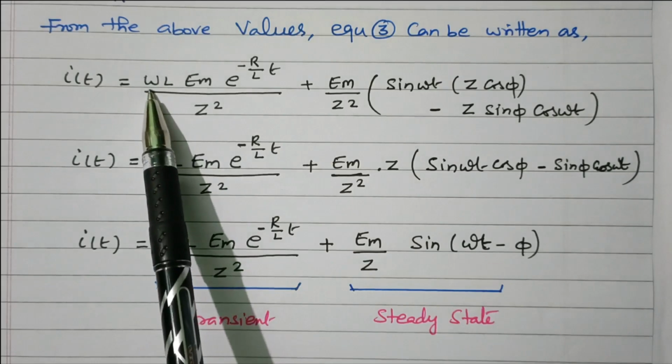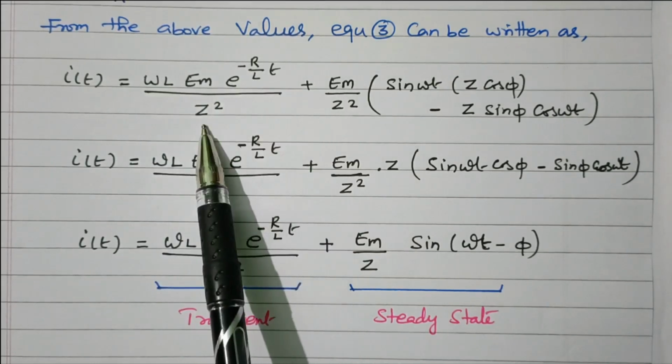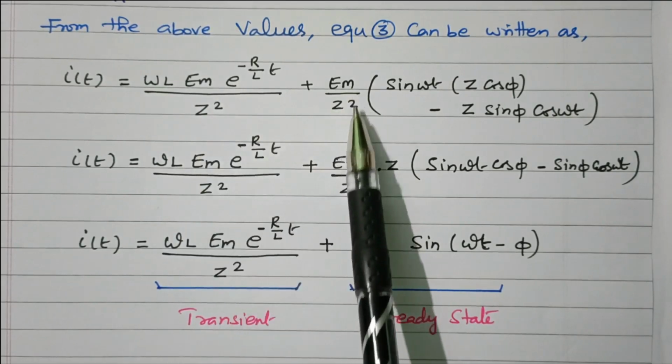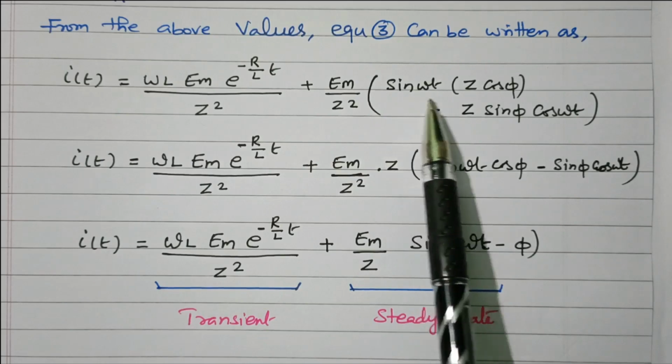So this is the previous equation: omega l Em e power minus r by l t divided by z square, plus Em by z square is common, times sin omega t into r.